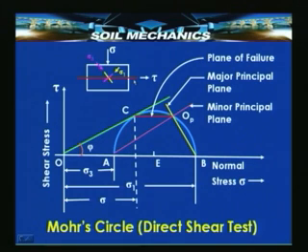In a direct shear test, as you remember, this failure plane is an imposed plane, a horizontal plane, and C will then have coordinates equal to the normal and shear stresses on the failure plane. From this one can find out the values of cohesion and friction. Being a direct shear test which is drained, where drainage cannot be prevented, we only get an angle of friction phi, and cohesion is 0.